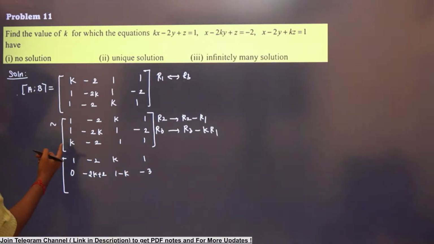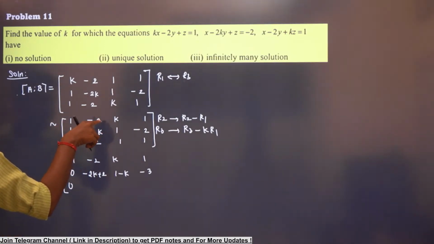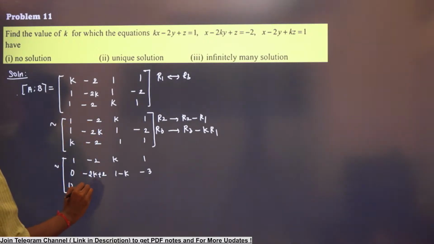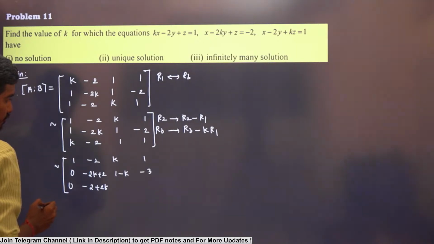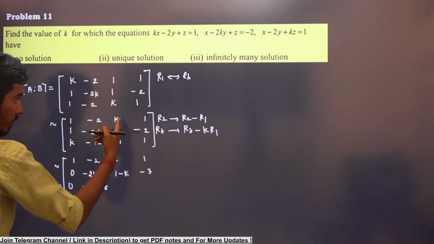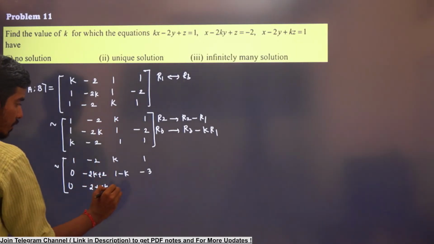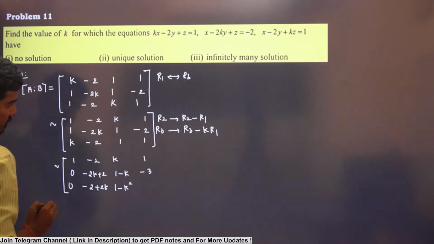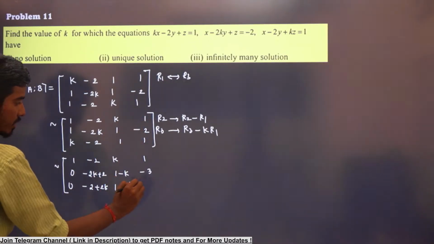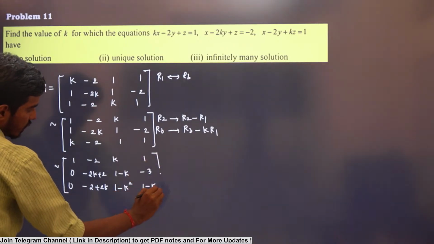For the third row, you have to multiply k and then subtract: minus 2 plus 2k, and 1 minus k square, and 1 minus k.